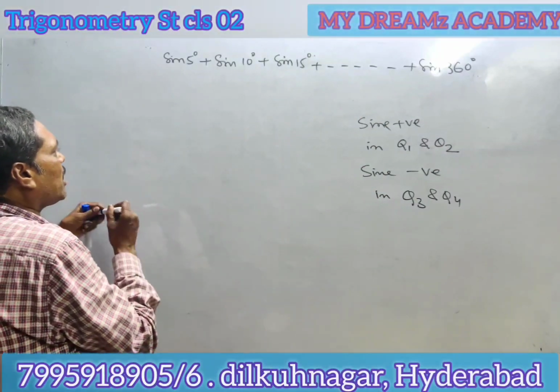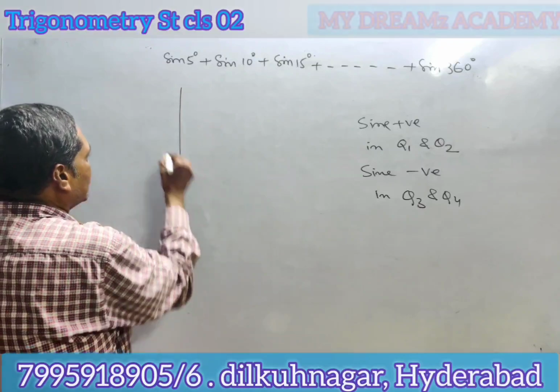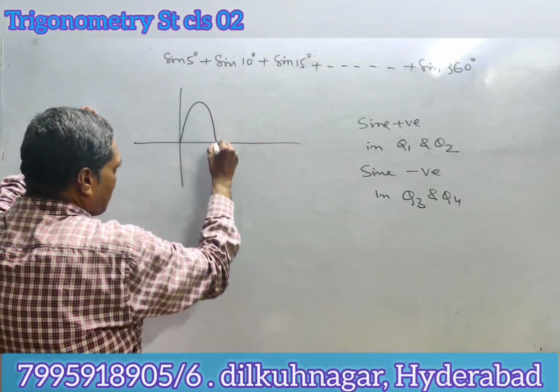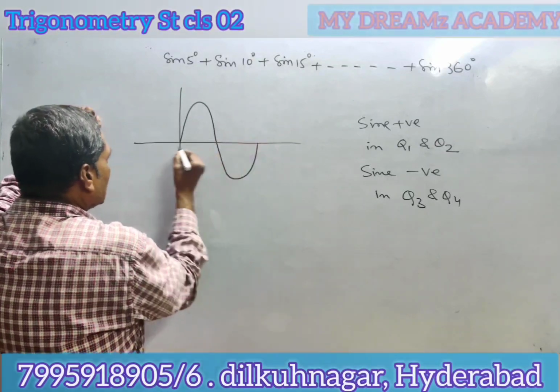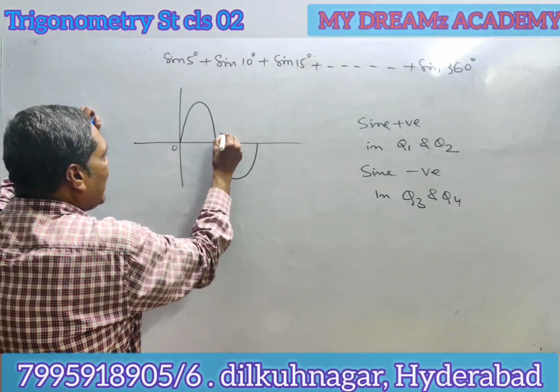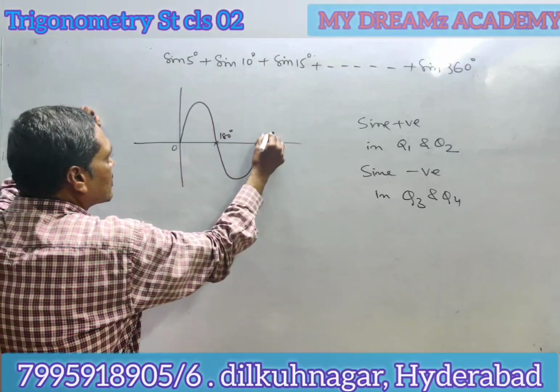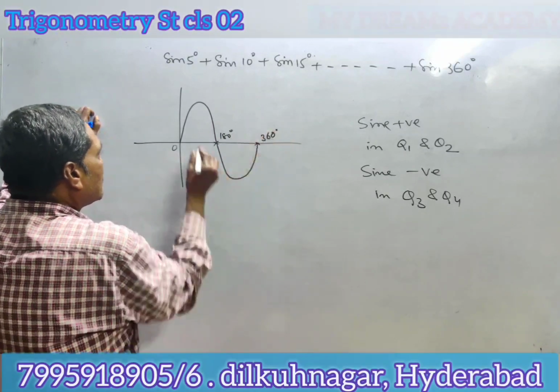And one more important thing, sine will be like this. Zero degrees, 180, this is 360. This is 90.